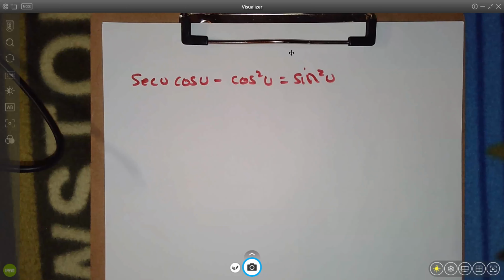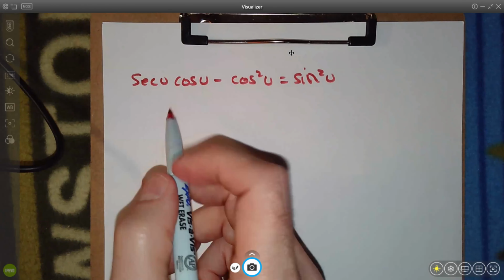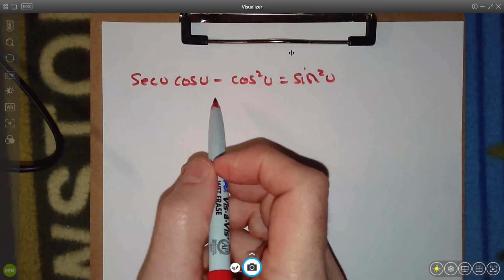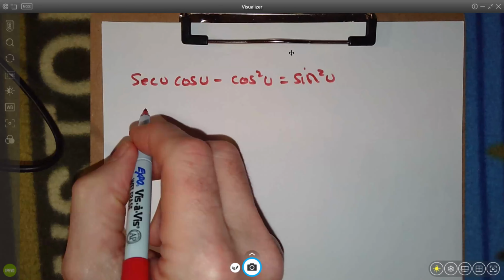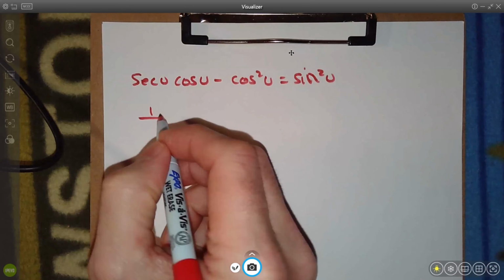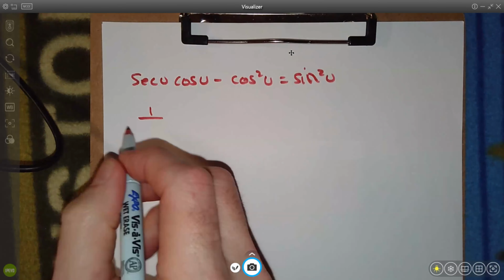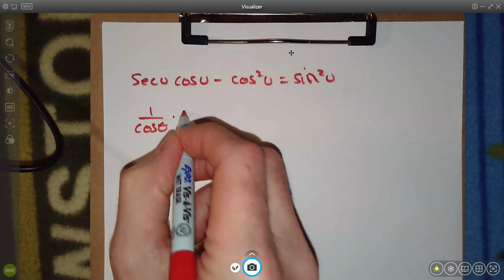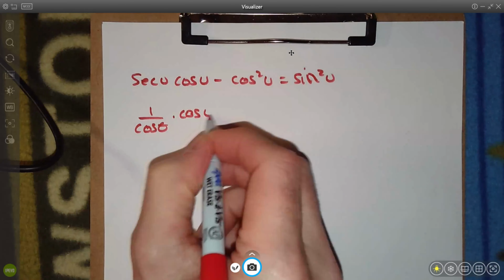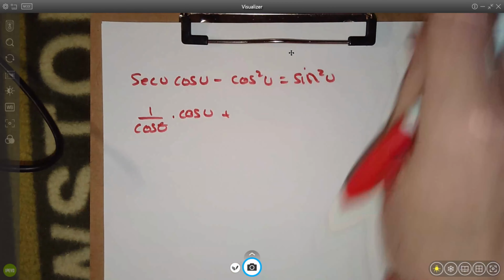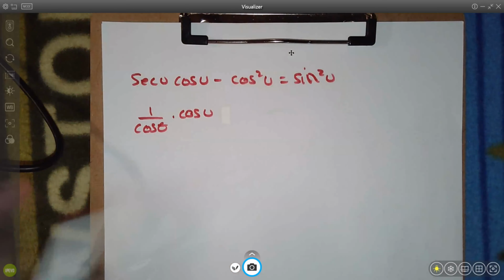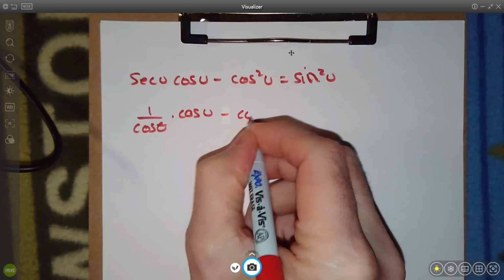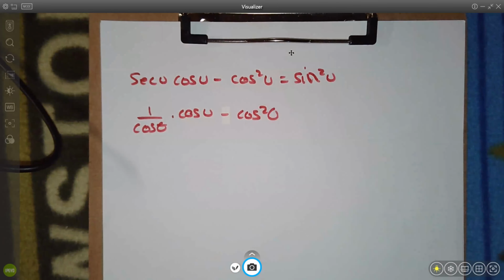Clearly the left-hand side is the harder side. And not knowing what else to do, one thing we could do would be to write everything in terms of your basic trigonometric functions, cosines and sines. And there's something nice that immediately happens if you do that. You write it in terms of sines and cosines. Yeah, that's going to be a u.